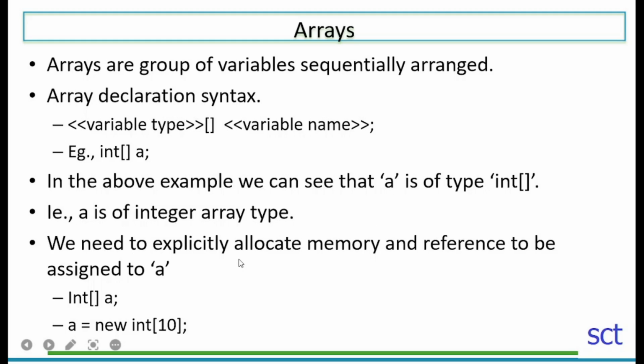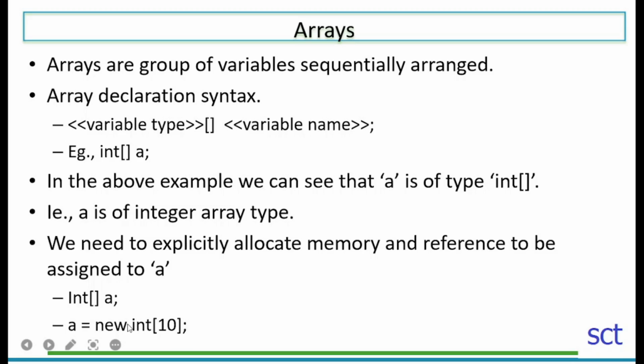So we need to explicitly allocate memory for this one. Whenever you declare like this, it doesn't have any size. Array means a sequence of memory allocation done for integers, so it doesn't have any size here. So you need to say a is equal to new int[10].